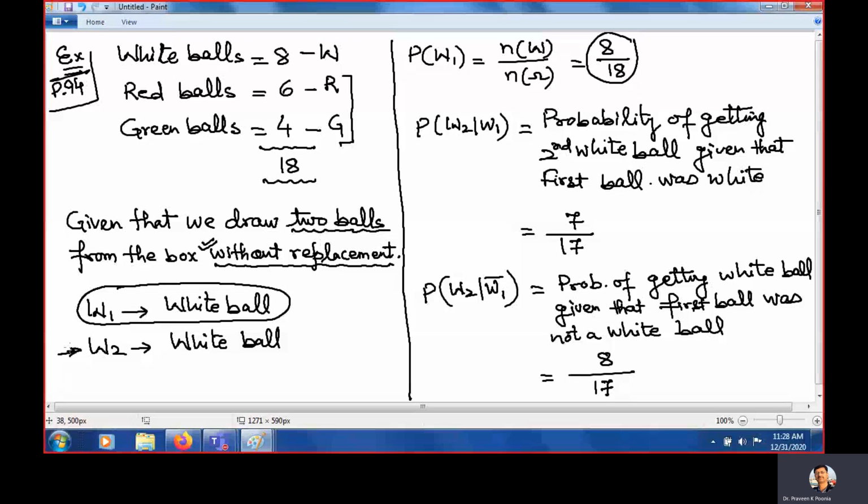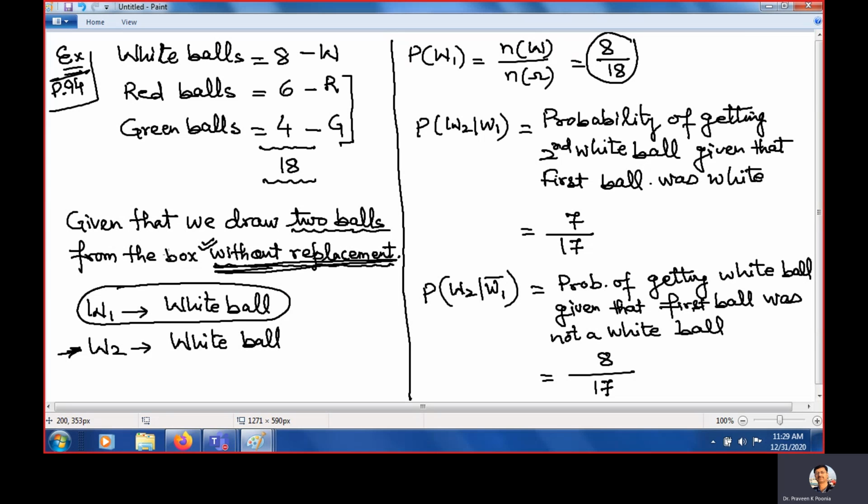So the first and second are dependent here, because it is without replacement. But if you consider this question with replacement, then the events W1 and W2 will be independent events. Understand? So this is about dependent and independent events.